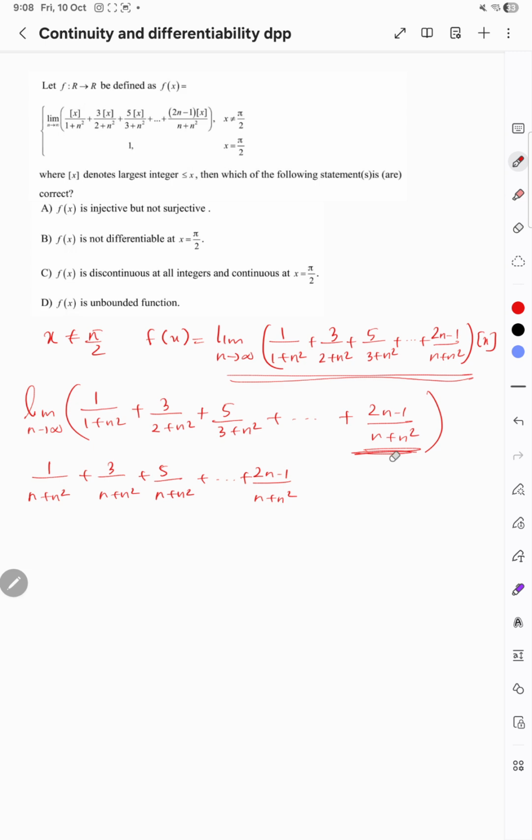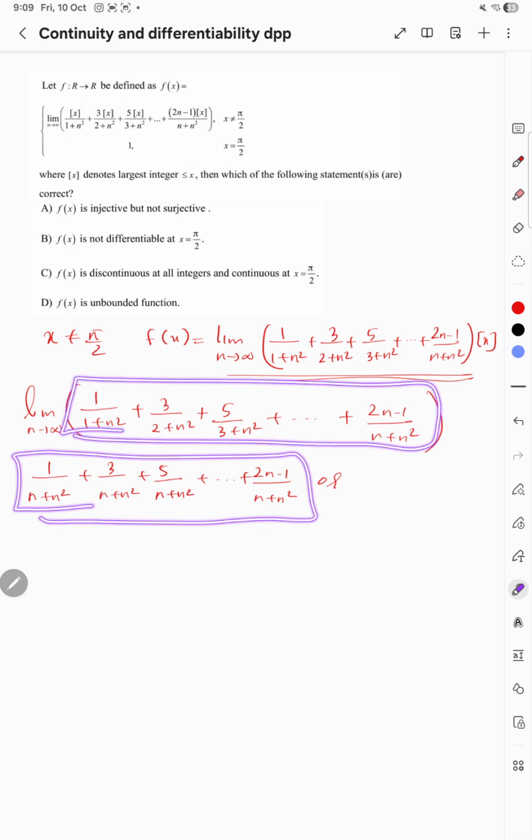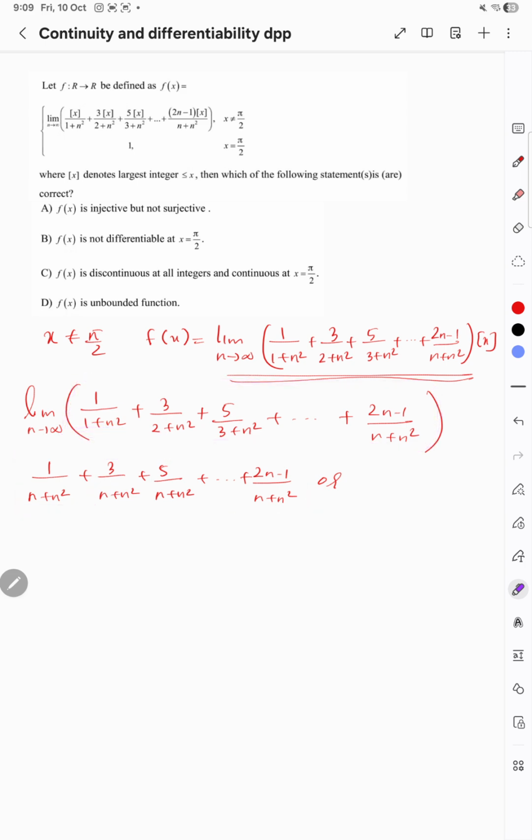Now you tell me, which expression is larger, this one or this one? All the numerators are the same, and the denominator is more here. If the denominator is more, then this expression will be smaller, and the other expression will be larger.